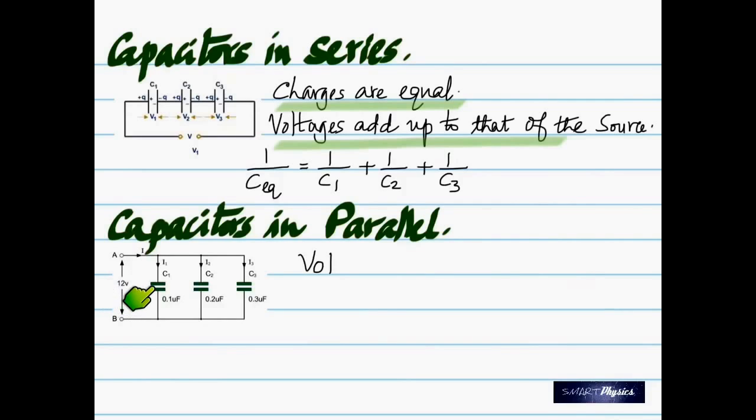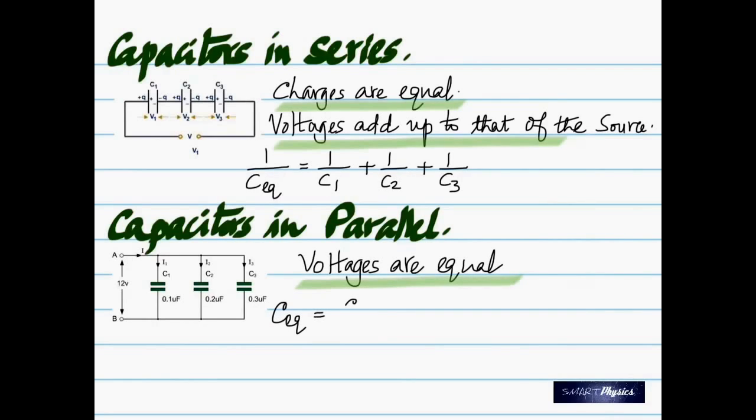But the charges on each one of them are going to be different. So once again, for capacitors in parallel, the voltages are equal. In this case, to find the equivalent capacitance, just add the capacitances, which means that you will get an increased capacitance, obviously, because you're adding them up.